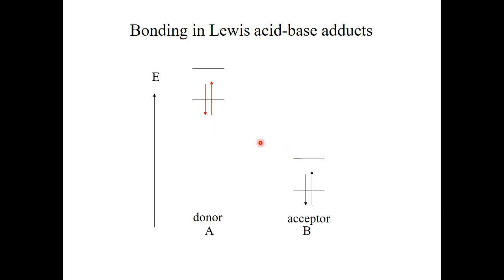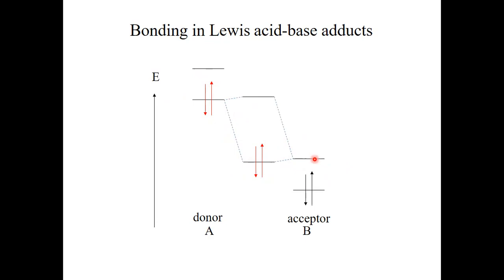Okay, so now we can make the energy differences even larger. So now the HOMO of the donor is much higher than the LUMO of the acceptor. Now in this case, we can still form a bonding molecular orbital and an antibonding molecular orbital. But now that bonding molecular orbital is almost completely localized at B. And that means that we have effectively transferred the electrons from the donor to the acceptor completely.